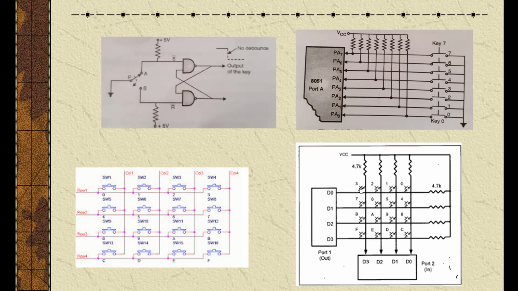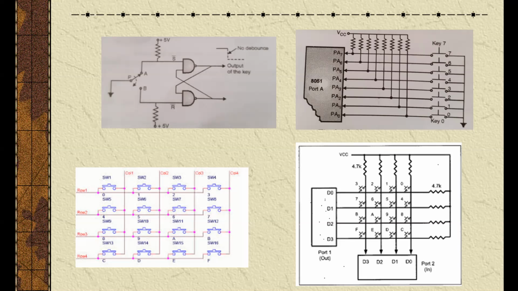When a particular key is pressed, the corresponding row and column are connected. See here, if a key is pressed, then the row and column in between that key are connected, that is D3 and D0. The column line D3 and row line D0 will be connected and shorted.